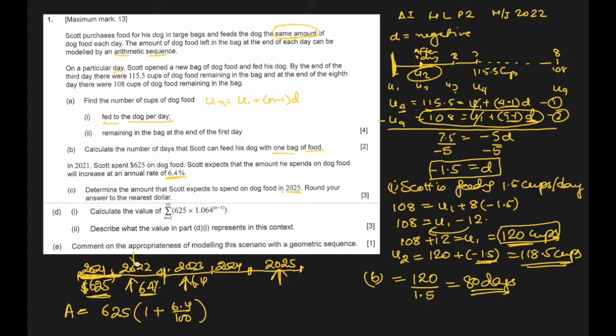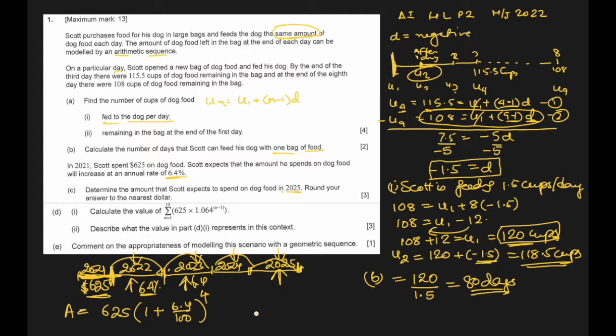This will be the first, second, third, and fourth year completed. In the fourth year, how many times will it increase? We have to calculate at the end of 2025 how much he has paid, so 4 will be the number of years.